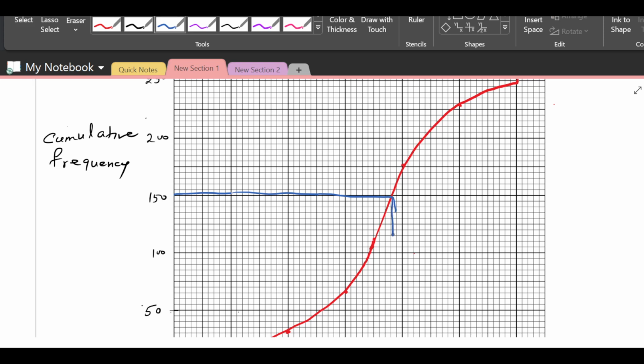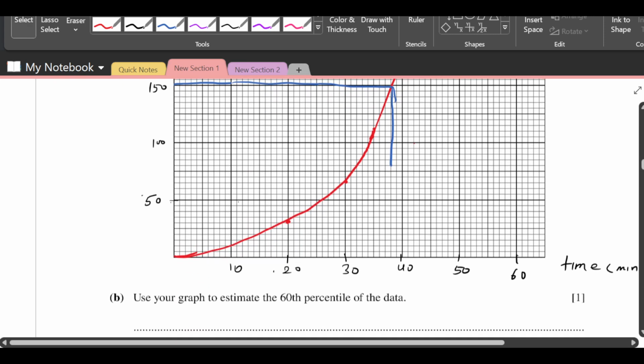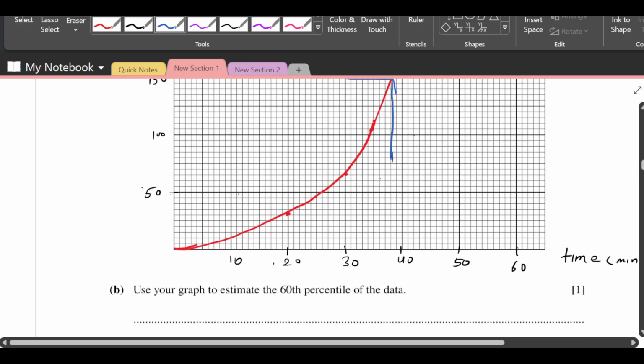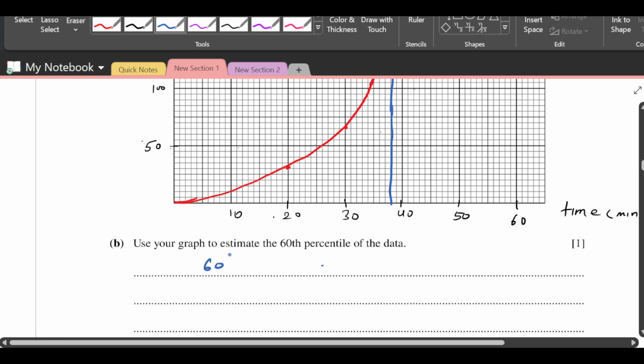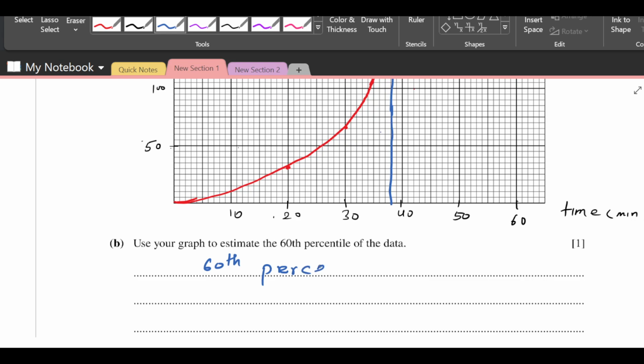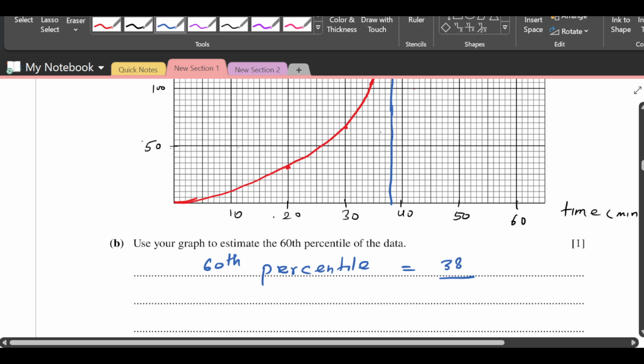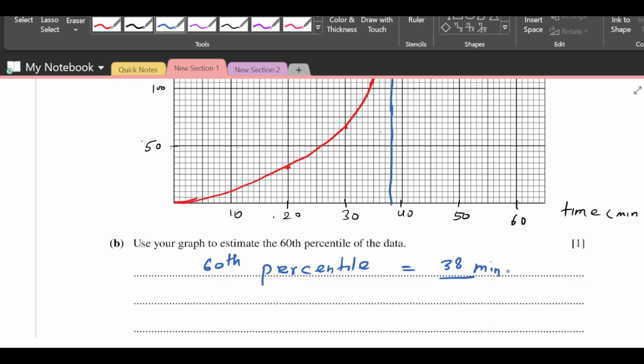So this is 38. So the 60th percentile is equal to 38 minutes.